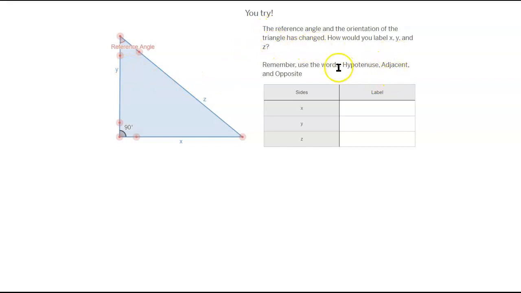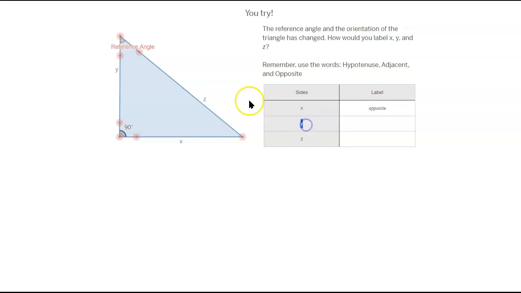We're going to label each one of these with hypotenuse, adjacent, and opposite. So side X looks like it's right down here. And here's our referenced angle. It's not touching our referenced angle in any way, and it's not the hypotenuse. That means that it's the opposite.